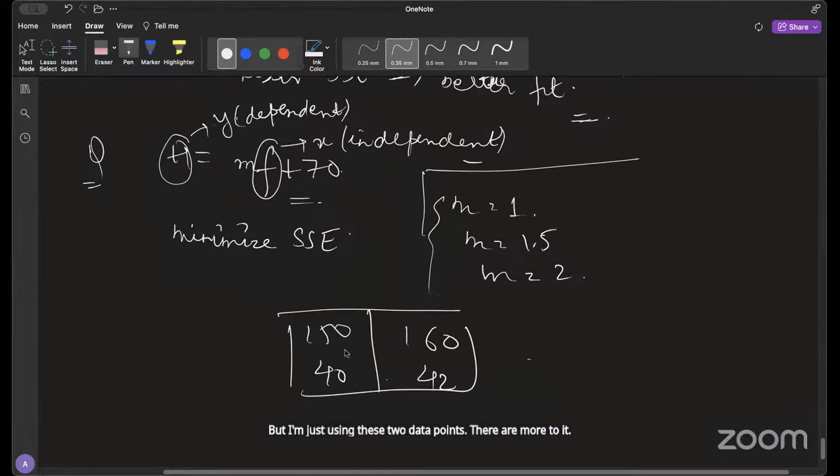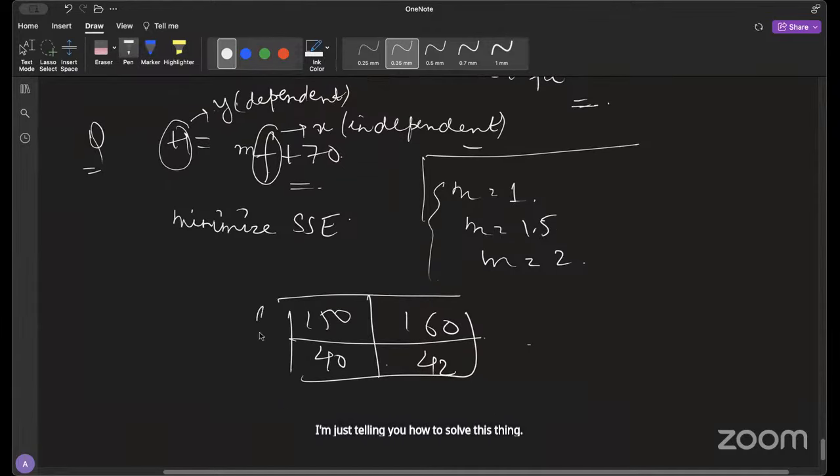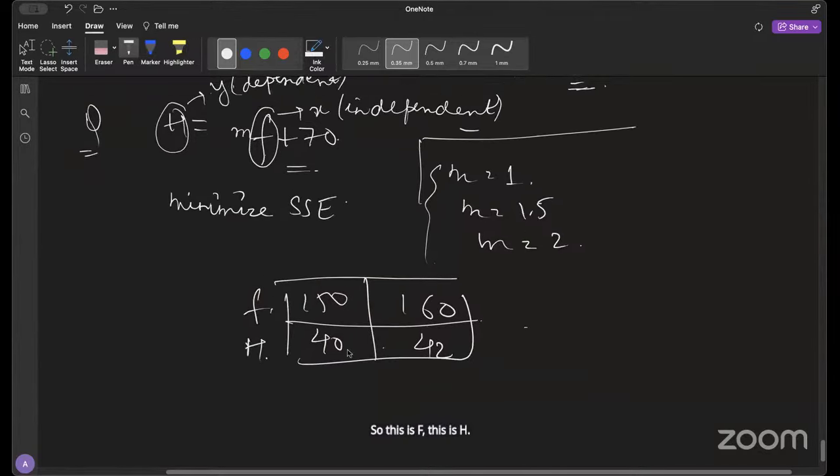I'm just telling you how to solve this. So this is F, this is H. First you put F here, you get 150 M plus 70. So your H that you'll get will be 150 plus 70. And when you put 160 here, you'll get 160 M plus 70.